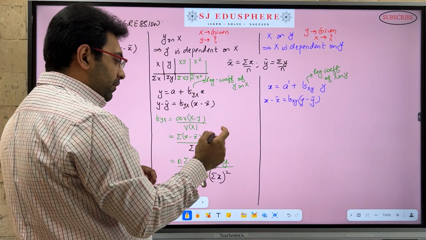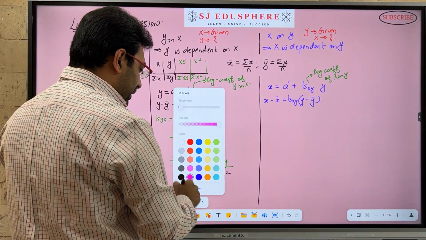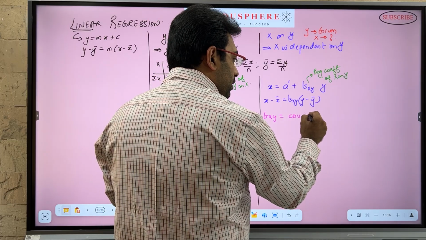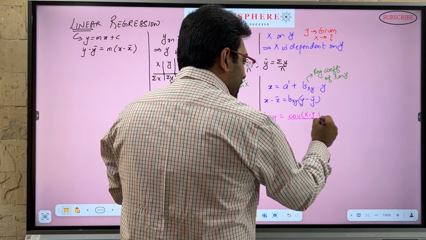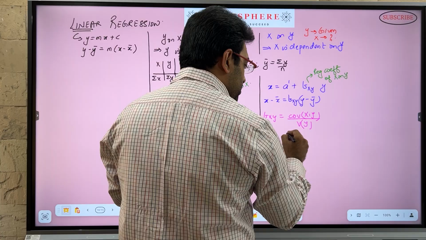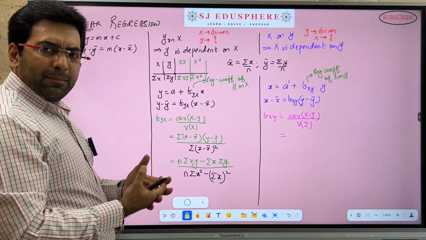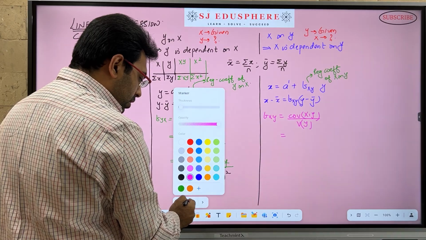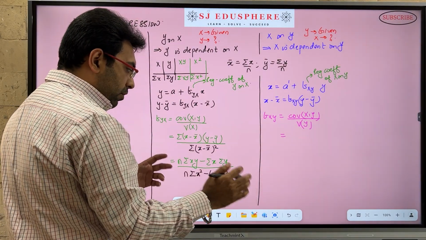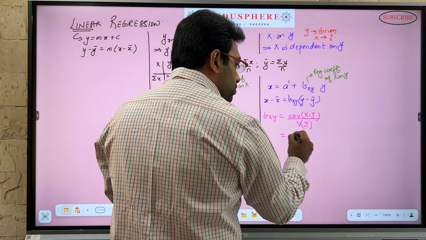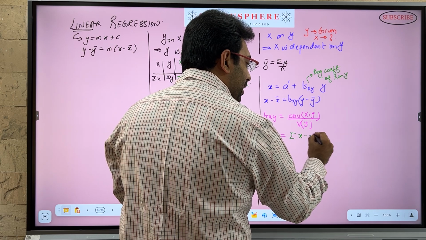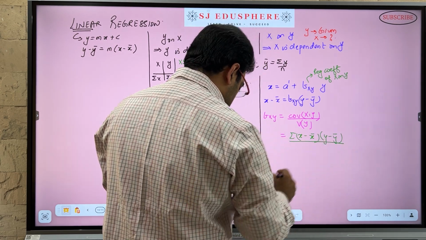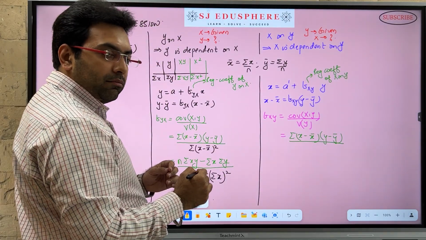To find the value for b x y, can I write this over here as b x y is covariance xy on variance of y? Covariance remains the same. So your numerator formula will continue. So here I will have x minus x bar, y minus y bar. You want only on y.